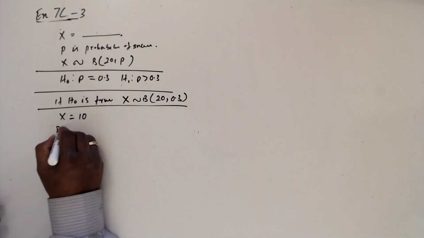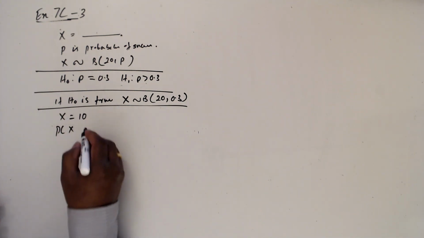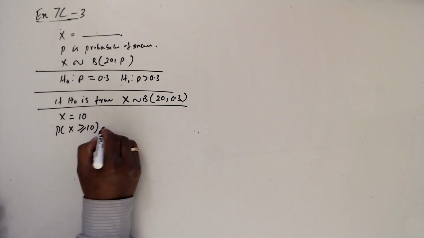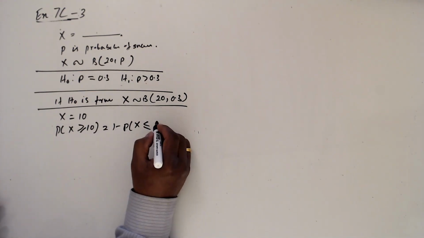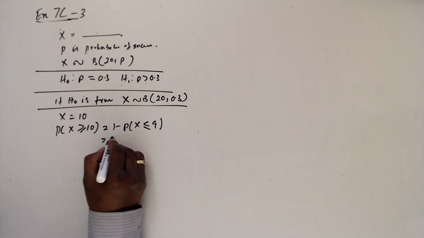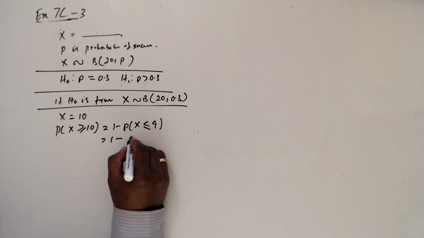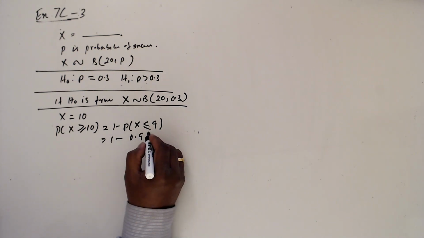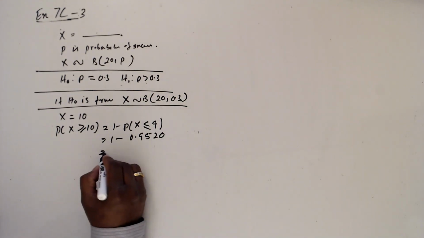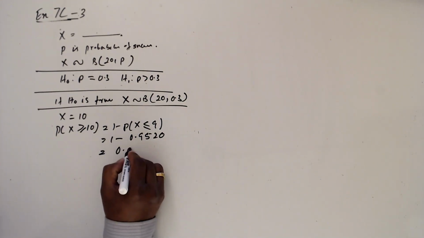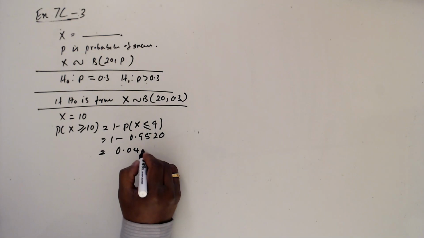So the probability of X greater than or equal to 10 is 1 minus the probability of X less than or equal to 9. So 1 minus 0.9520 is going to be 0.0480.